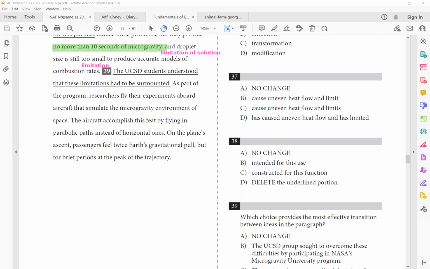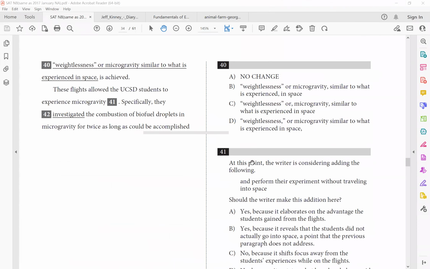Whenever there is a problem or limitation, they want to solve it as well. So the best transition will lead to the sentence after: researchers fly their experiments aboard aircraft that simulate microgravity, and that is the solution. So the answer would be B, because they sought to overcome these difficulties, which is the same as solving problems. That is where juxtaposition comes into play.